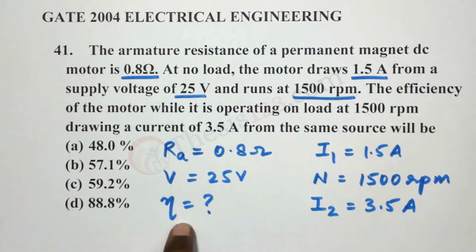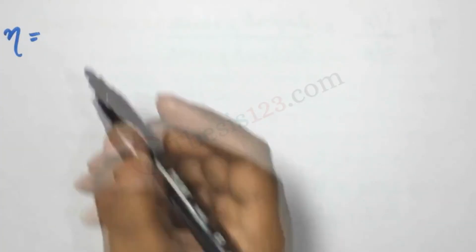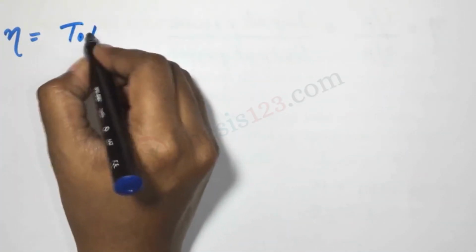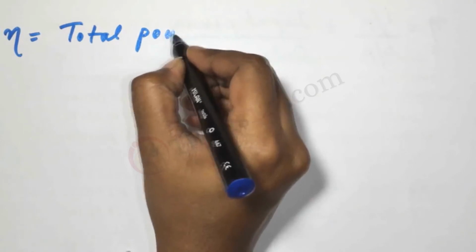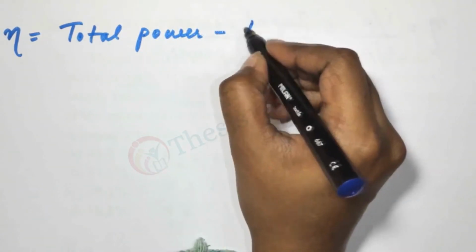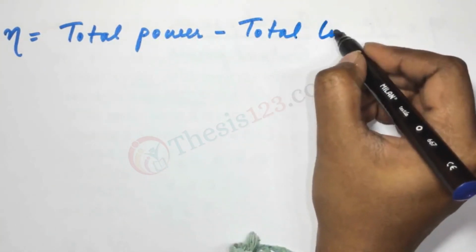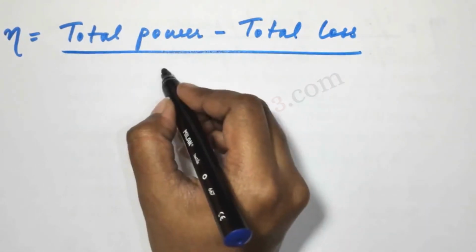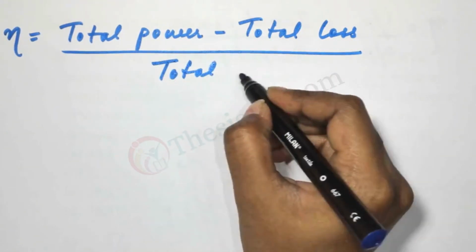Now in order to find out the efficiency, we have to calculate power. What type of power? One, we need the total power, and two, we need the total losses also, because we know that the efficiency is the output to input ratio: total power minus total losses, divided by total power.